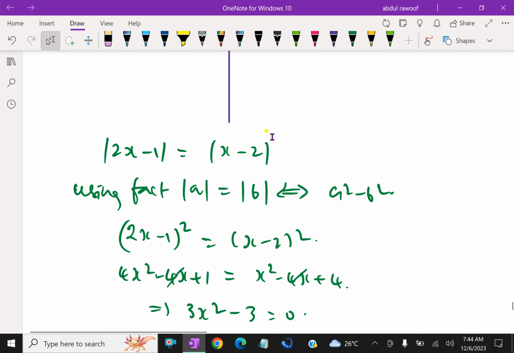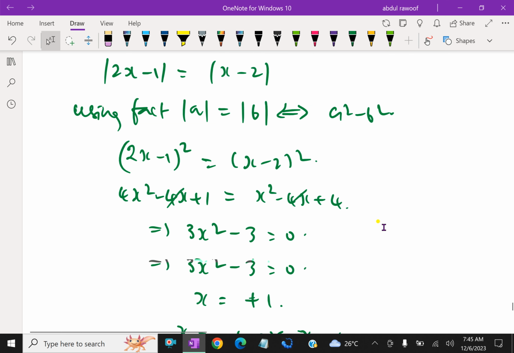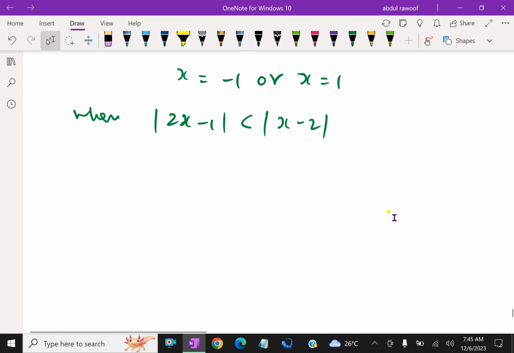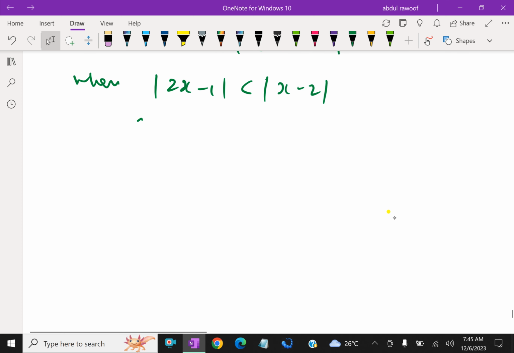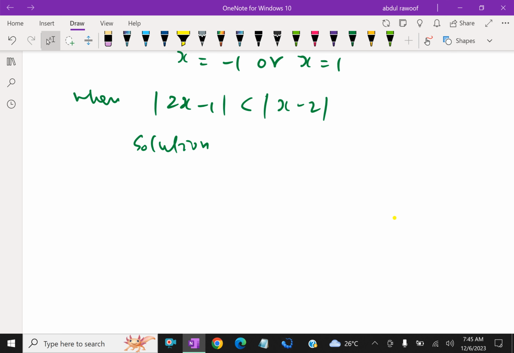That is, the solution is x equal to minus 1 or x equal to 1.